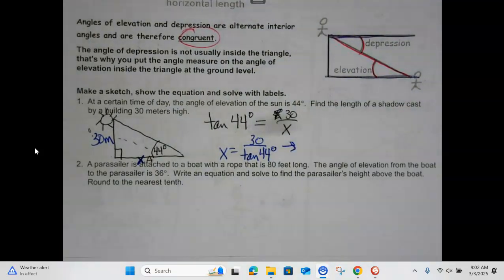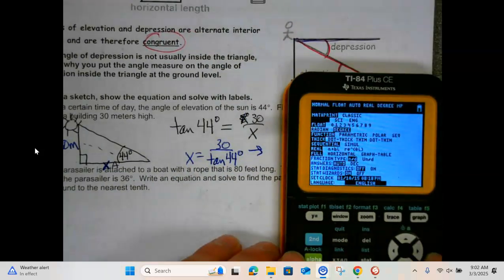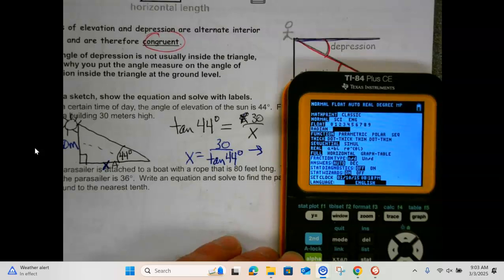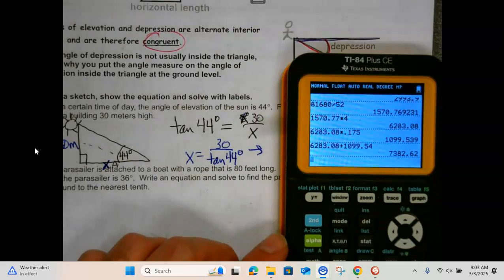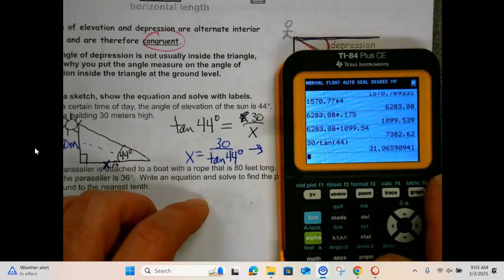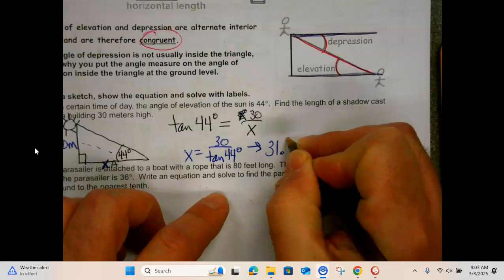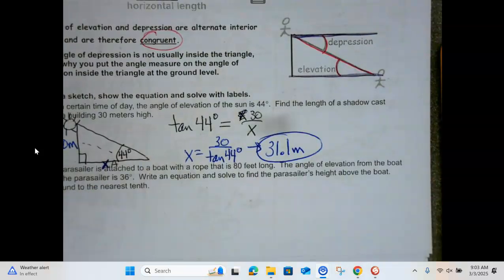Also, reminder, always make sure somebody hasn't been a stinker. We're in degree mode. Got to be in degree mode. 30 divided by the tangent of 44. Rounding to the nearest tenth, 31.1. And we're good.